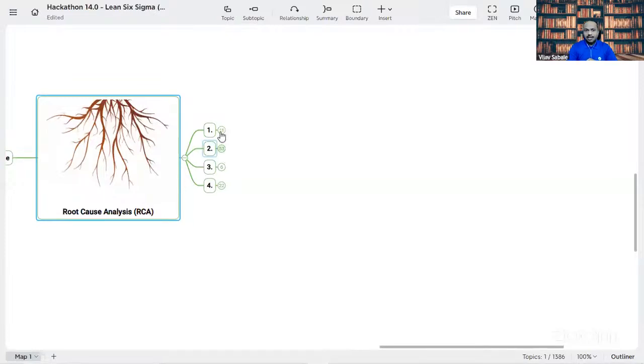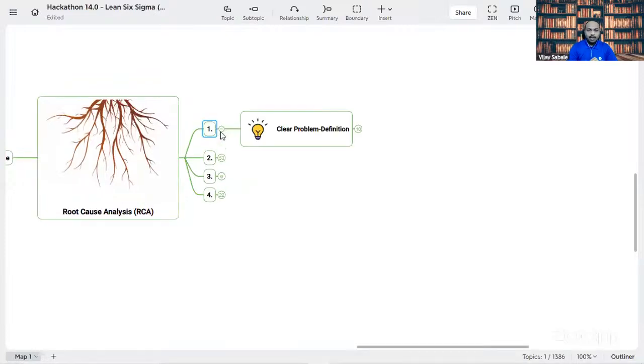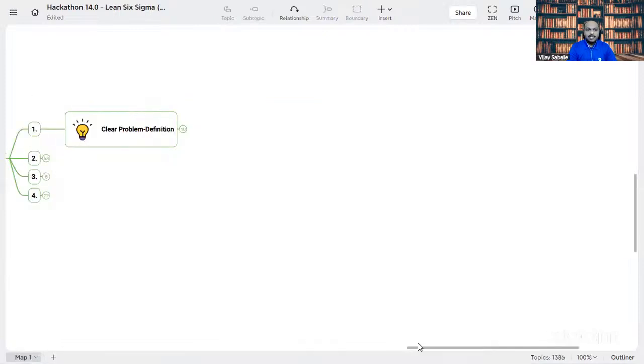Now, let's go into element number 1. Before we start the root cause analysis, it's very important that we have a clear problem definition. If the problem definition is clear, then we will direct our root cause analysis in the correct direction, right?